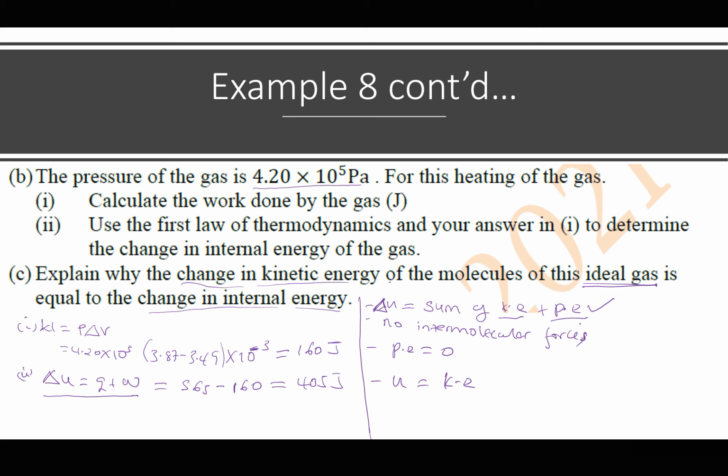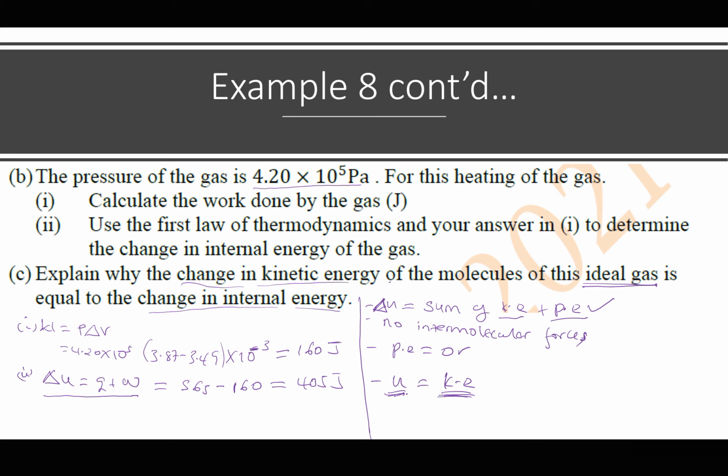But if they are negligible, it means potential energy is also negligible. Therefore, we remain with kinetic energy being the only part contributing to the internal energy of an ideal gas. You must mark that very, very carefully.